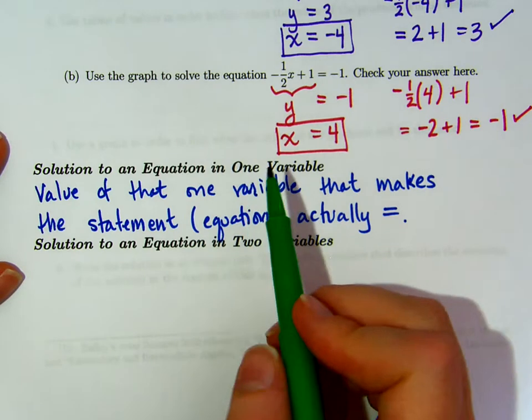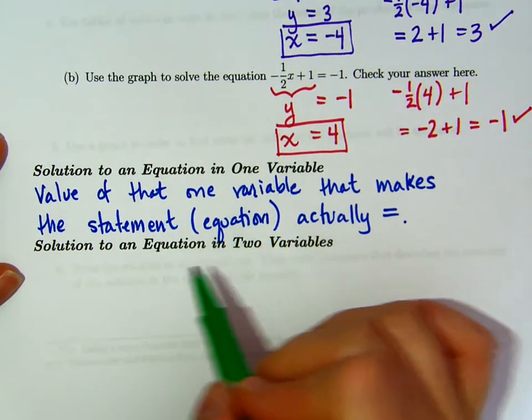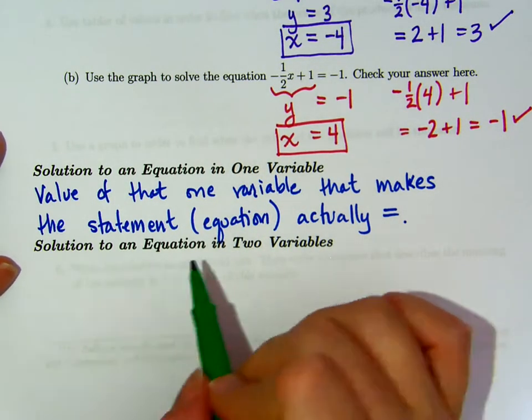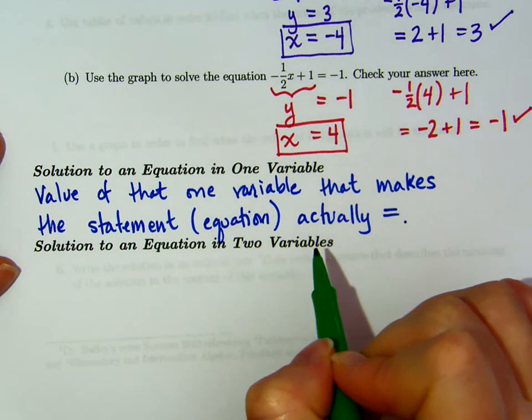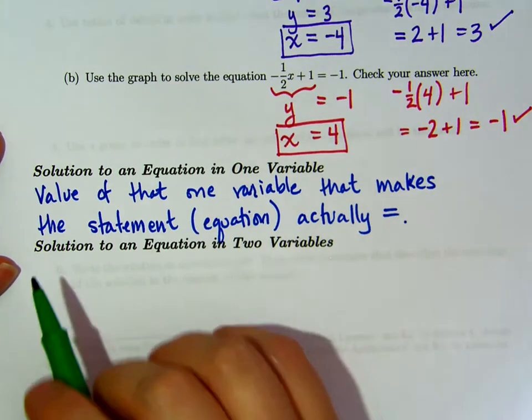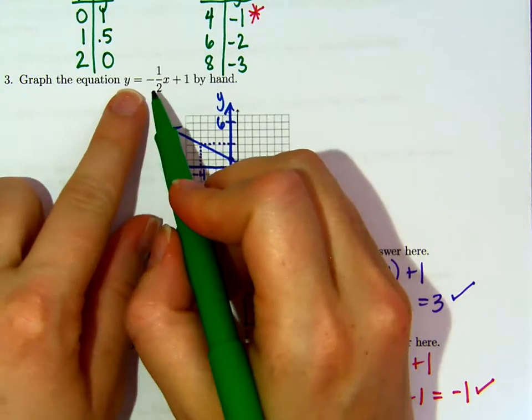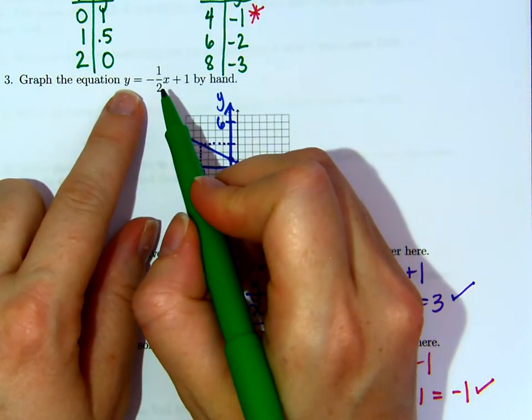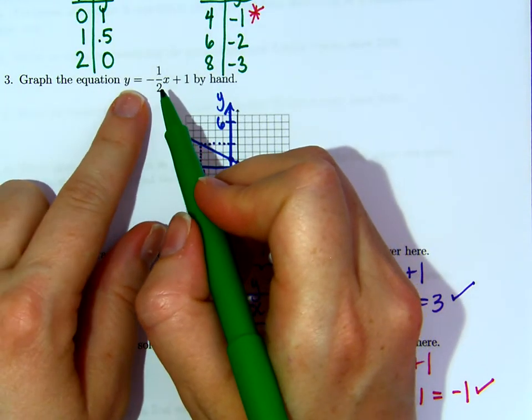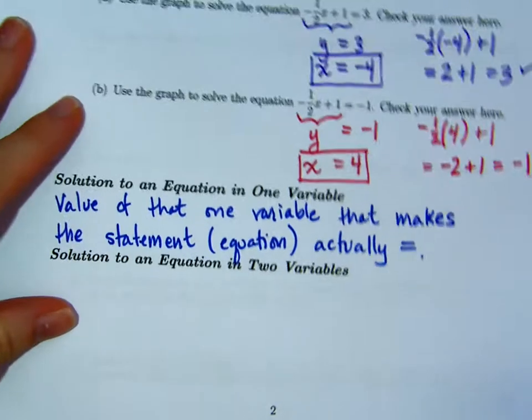So that was in one variable. And now a solution to an equation in two variables. So when I look at this, I think, well, here's an equation and it has two variables. It has an x and it has a y, right?